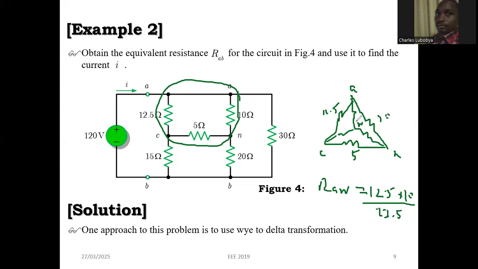So we can simplify that to get that first star result there.